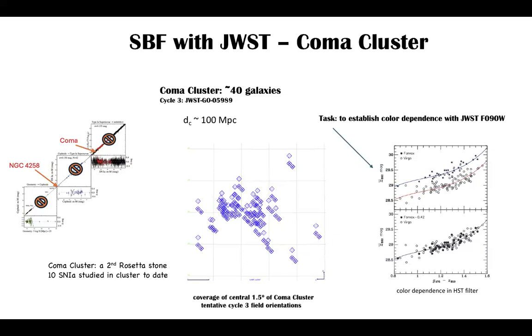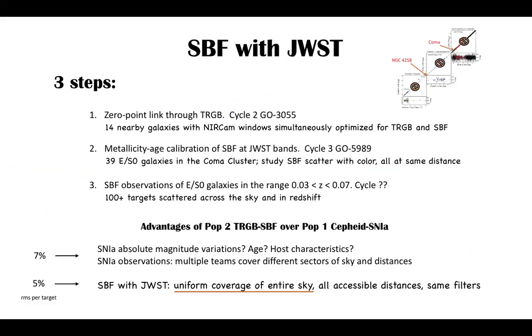And so then the final step of the game, which remains, is to go to the far field with JWST out to a redshift of about 0.07 or so, which should be well beyond the influence of peculiar velocities. And that gets us to this. Basically, it's completing.